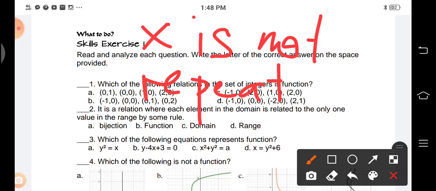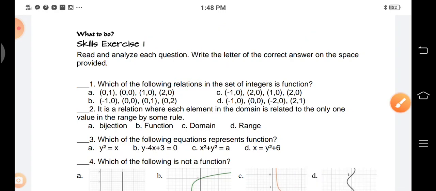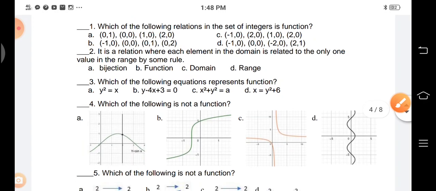About number 2. It is a relation where each element in the domain is related to only one value in the range by some rule. It is a relation where each element in the domain is related to only one element. So it is a function.